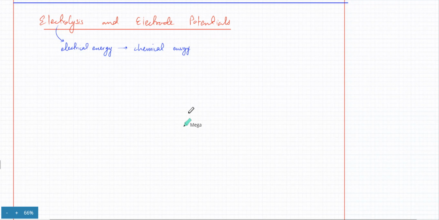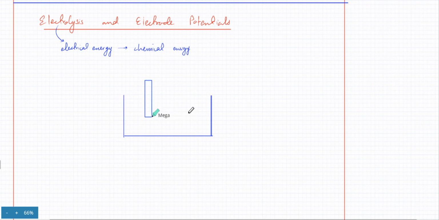Now I'm going to draw the first simplest possible electrolysis that you've already studied in O levels. In that electrolysis, you have two electrodes.